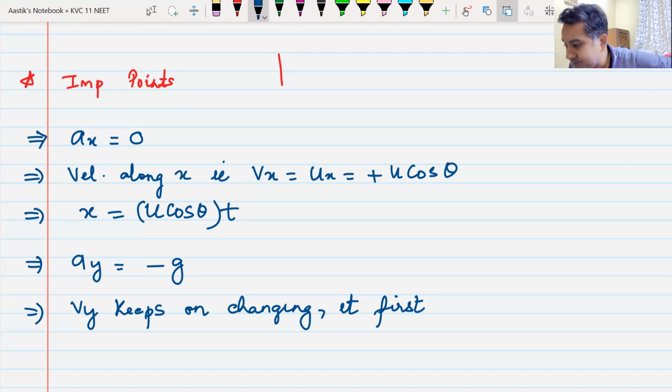What happens to the vertical velocity Vy? Tell me, fatafat. This is no physics. This is common sense. What happens to the vertical velocity? Does it change? We know that it changes. Does it increase? Does it decrease? What happens? Tell me.